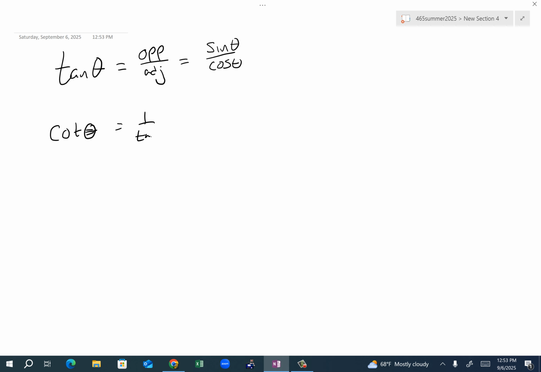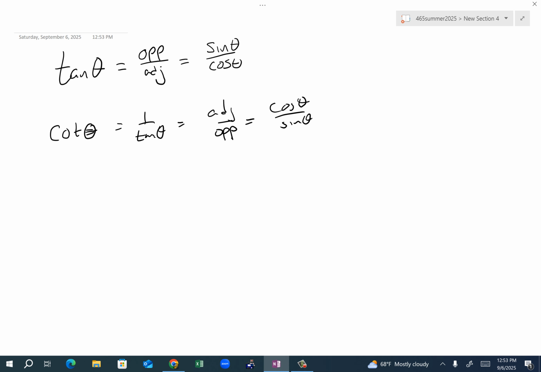You recall we have the other trig ratios, tangent. Remember that is opposite over adjacent, or a better way of thinking of it is what? Sine over cosine. Cotangent, of course, can be thought of as 1 over tan, or adjacent over opposite, or cosine over sine.